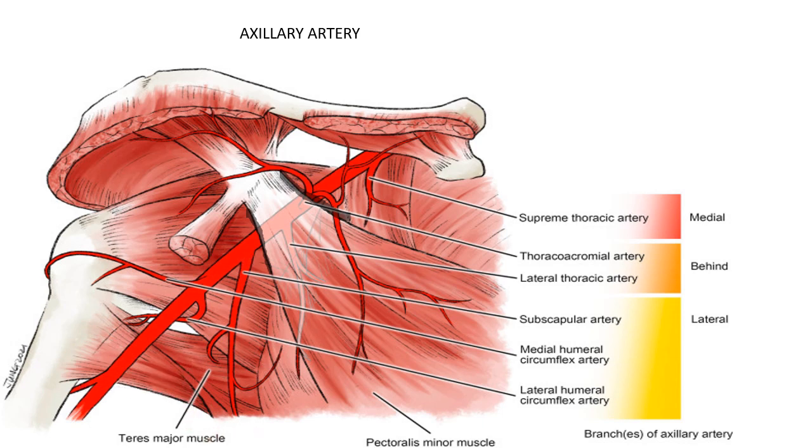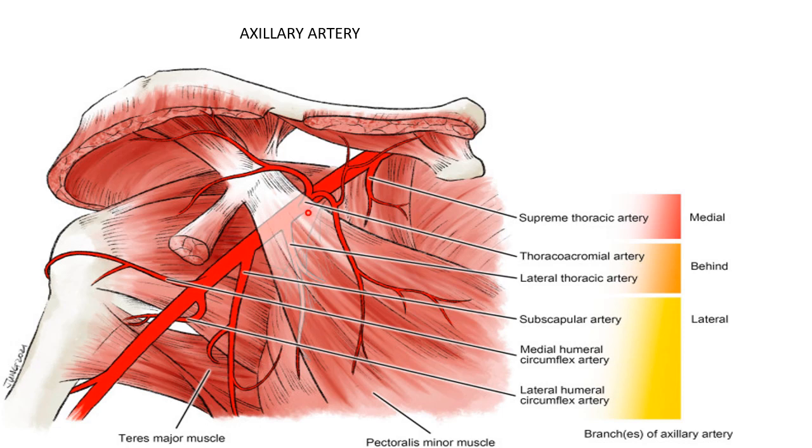Then now, along its course, it gives off branches. So the first part of the axillary artery gives off one branch, which is the supreme thoracic artery, or other sources will tell you the superior thoracic artery. So this is the part. Then the second part of the axillary artery, which is posterior to the pectoralis minor muscle, it gives off two branches.